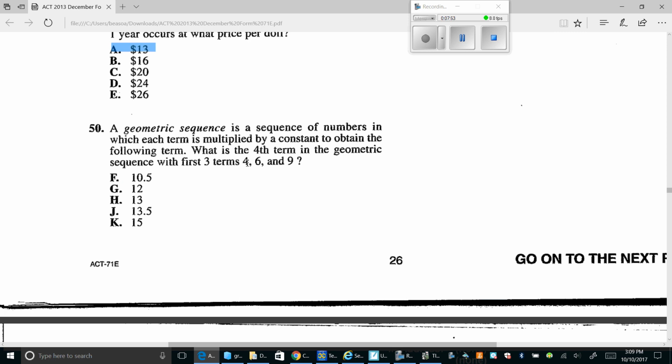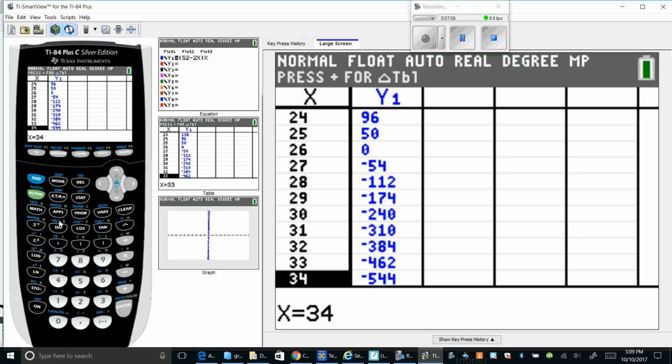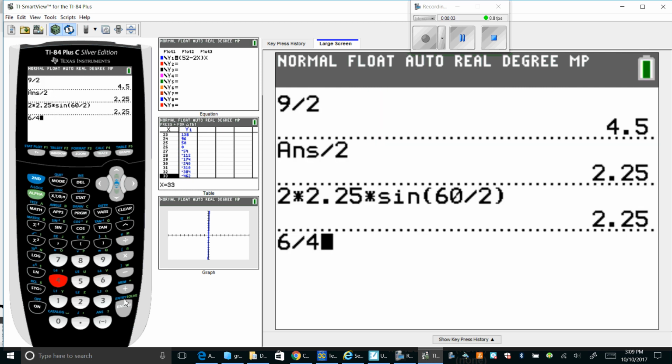If you can't figure out what you multiply by to get the next number, do 6 divided by 4. Go to a regular screen here, 6 divided by 4, I get 1.5.